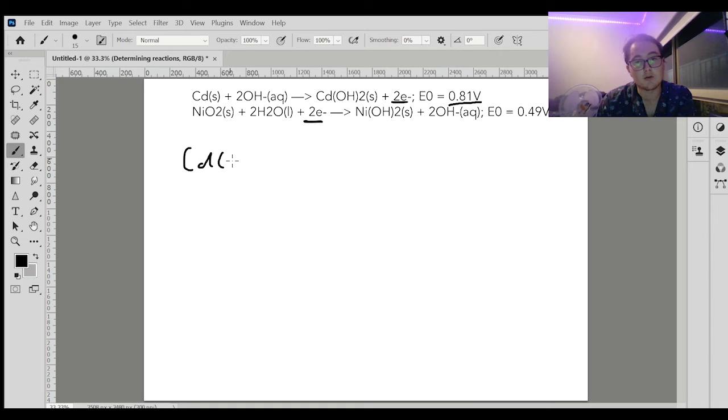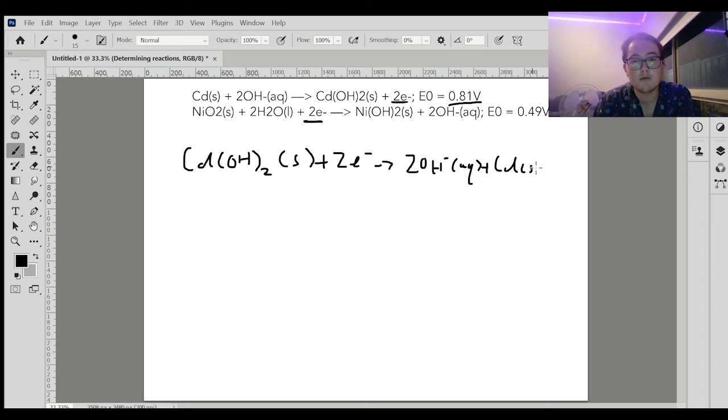So if I were to write 2OH minus (aq) plus cadmium solid, the E° would actually be negative 0.81 volts. But the site that I stole this from already did the courtesy of transforming it into its oxidation reaction. And as a result, the sign of this flipped.